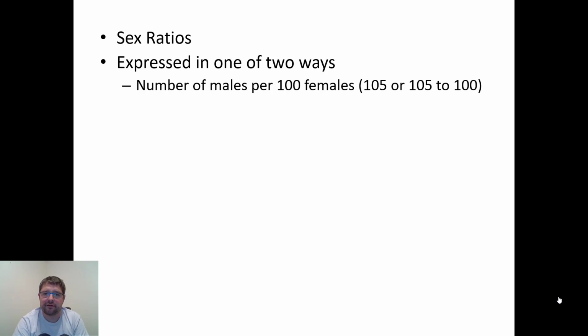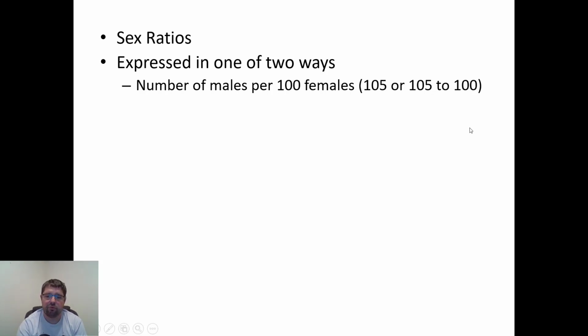For a lot of management that happens in Europe, just a single number is often produced. It might just say 105. 105 means that there are 105 males for every 100 females. Sometimes it's written as 105 to 100.